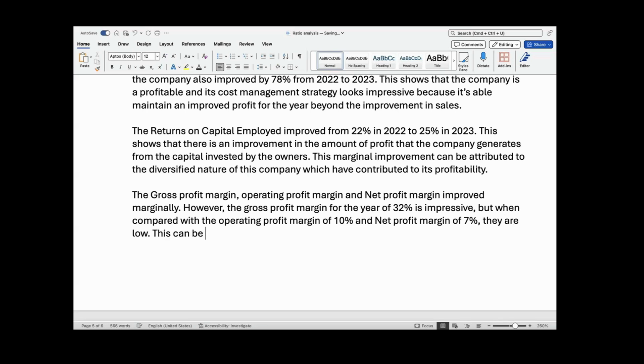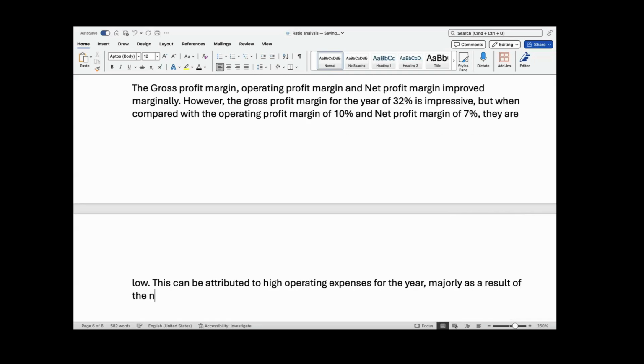And this can be attributed to high operational expenses for the year, majorly as a result of the new business segment that was introduced.